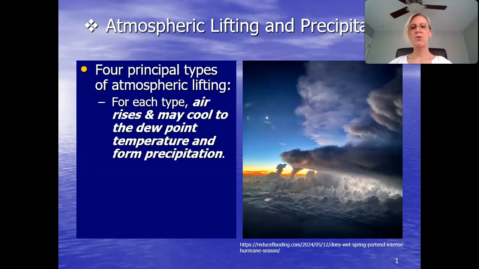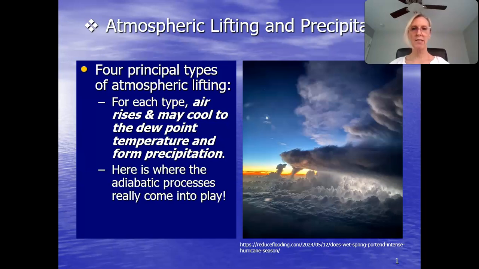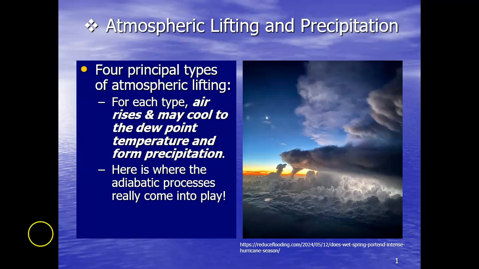And I would encourage you, if you haven't already done so, to go back to my video on the adiabatic processes, because we need to understand how when air rises, due to these different lifting mechanisms, it will cool, and it may cool to the dew point temperature or 100% relative humidity and form clouds and potentially precipitation. So if you have not watched that video, because those processes really come into play, please go back and view my video on the adiabatic processes before you watch this video.